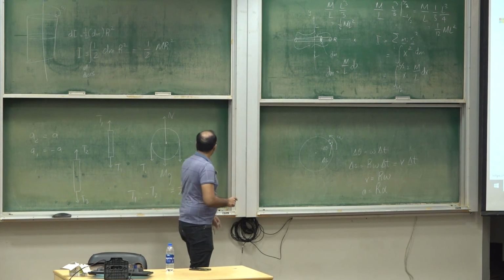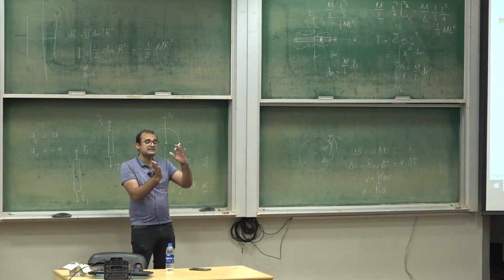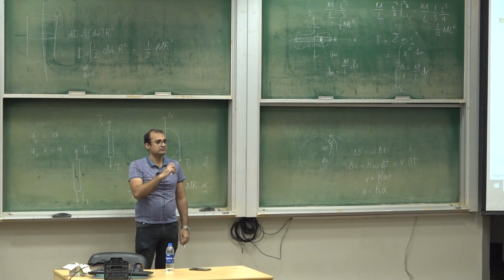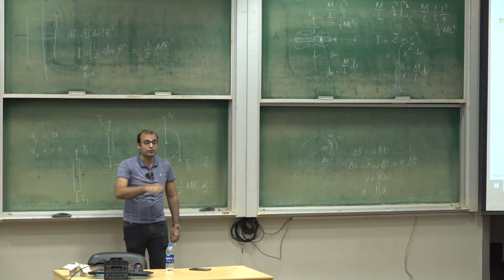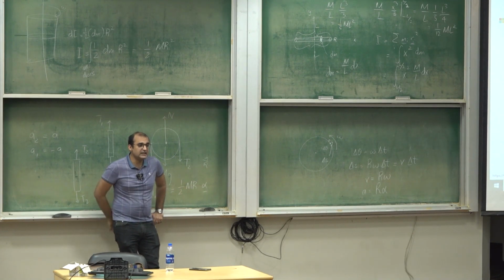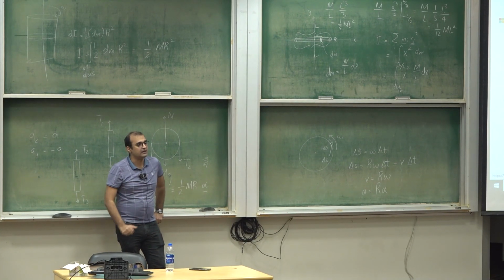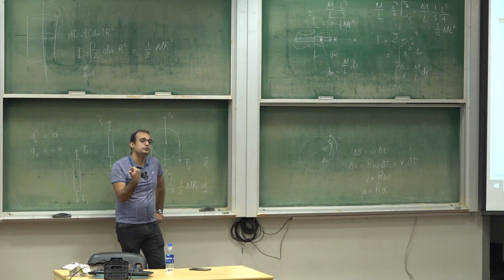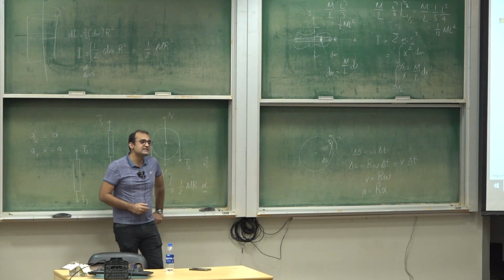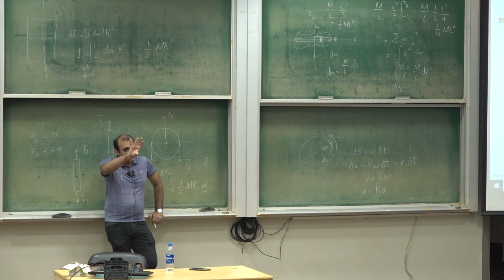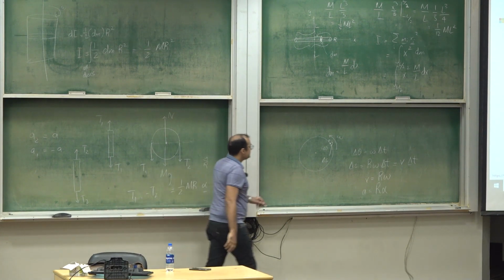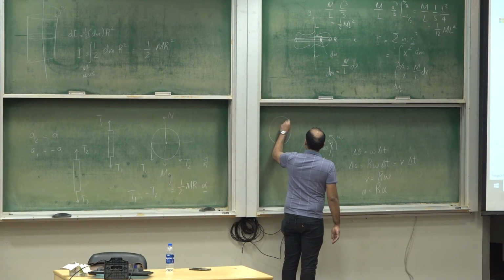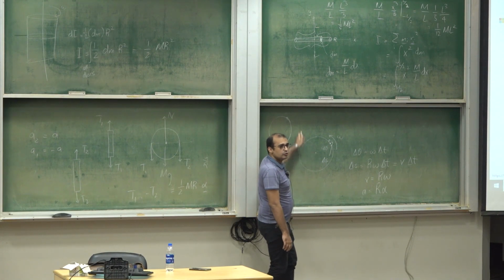But if you now assume that the rope moves along with the pulley as it rotates, if you make that assumption that the rope does not slip over the pulley, then as much as the pulley rotates, the string moves that much. Since the string is inextensible, the block has moved as much as the rope moved. Essentially, as much as the point on the edge of the pulley has moved, that much the block has come up.